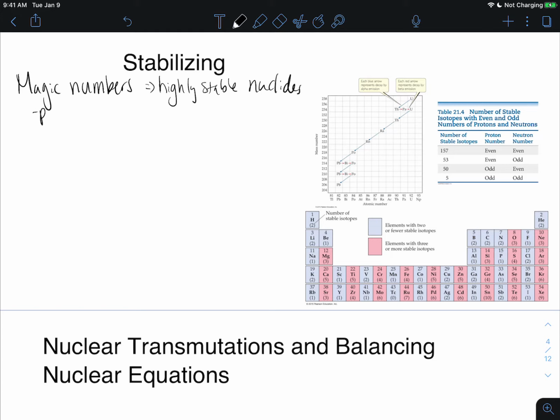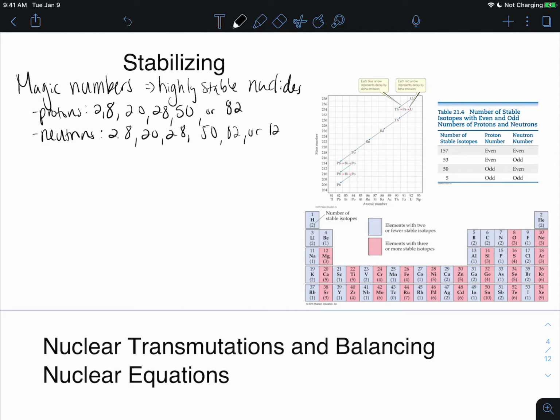For protons, if we have numbers of 2, 8, 20, 28, 50, or 82, these are more stable nuclides. And for neutrons, it's going to be 2, 8, 20, 28, 50, 82, or 126 neutrons. Either one will lead to more stable nuclei.